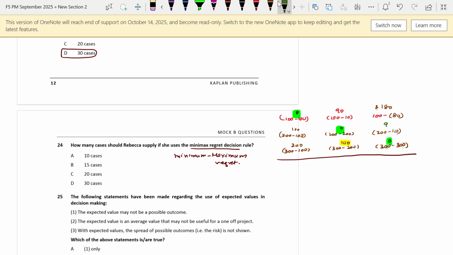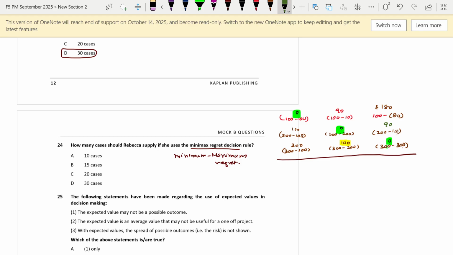Why? So see the total. First one, total: if you take 90 and 180, 270. Then we have here 190. Here we have only 100. Maximum value, and here it's ending with regret 0.